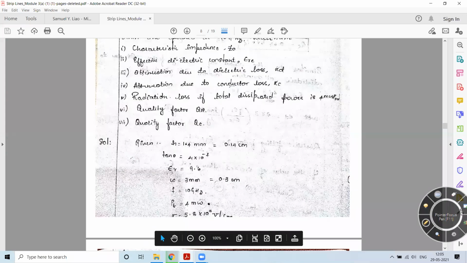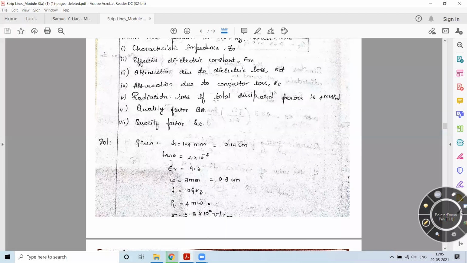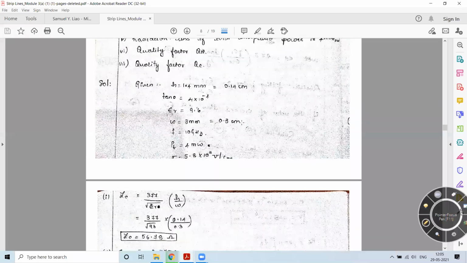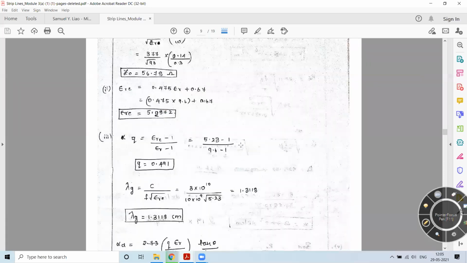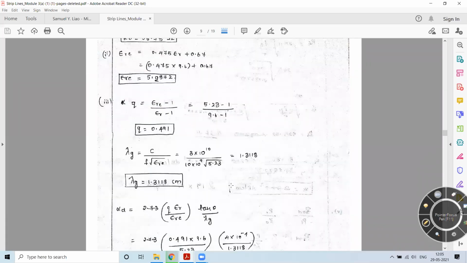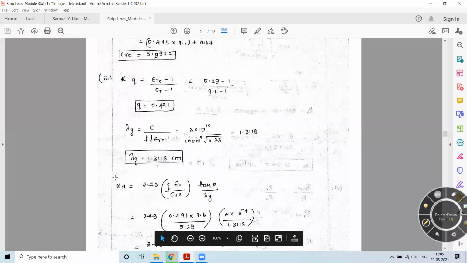Then what is the other thing specified? He has specified to identify alpha d and alpha c. To identify alpha d or alpha c, we make use of this equation, which is given in terms of lambda g, that is, dB per wavelength.